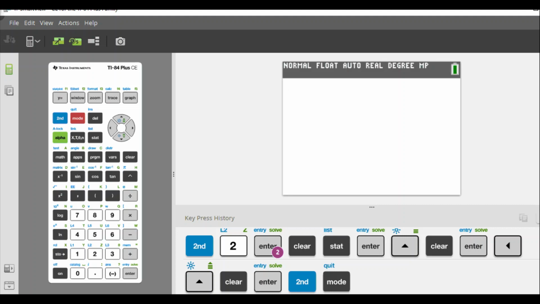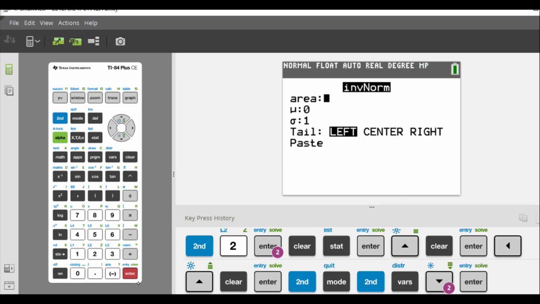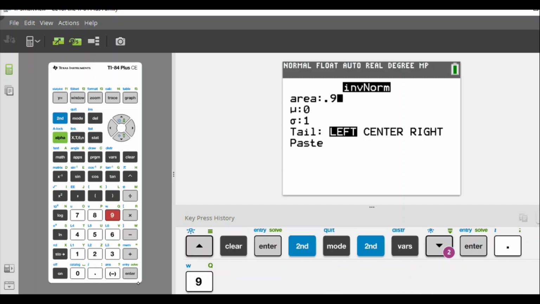To use inverse norm, we go to second vars, which is distribution. Whenever we want to find an area, we use normal CDF, choice 2. When we want to find a particular score, we use inverse norm, choice 3. The area we're looking for is 90%, or 0.9.